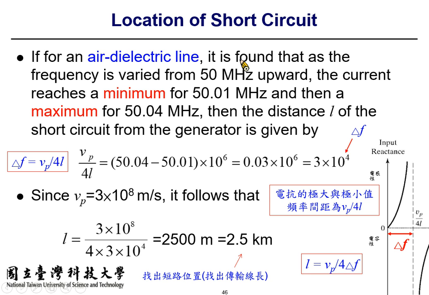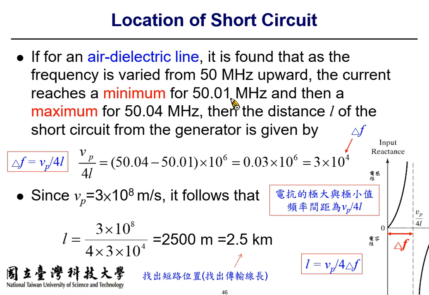Which means the transmission line uses air as its dielectric. So the velocity of propagation is what? 3 times 10 to the 8th. So the air dielectric line tells you the velocity of propagation on the transmission line.